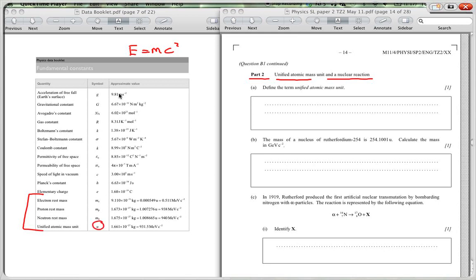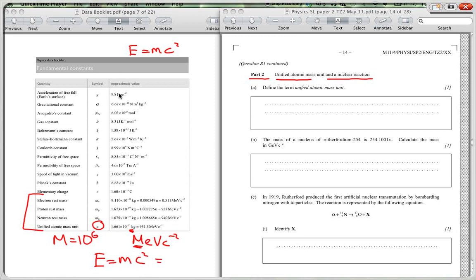Now just a discussion here of the units. It's either given in kilograms or it's given in this MeV c to the minus 2. Now the mega, we know, is just a multiplier. A mega is 10 to the 6, it's a million. But this eV c to the minus 2 is used as a mass unit because E is equal to mc squared.